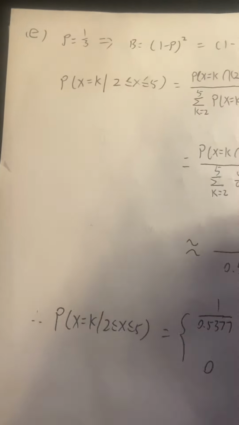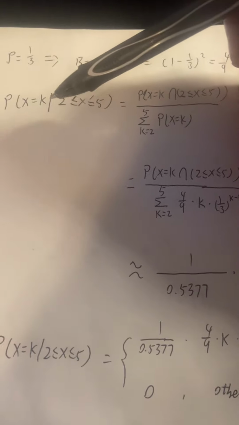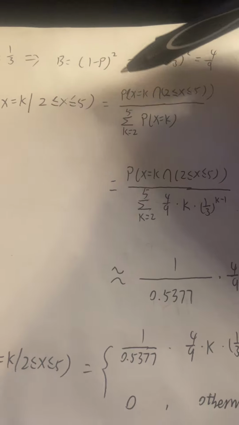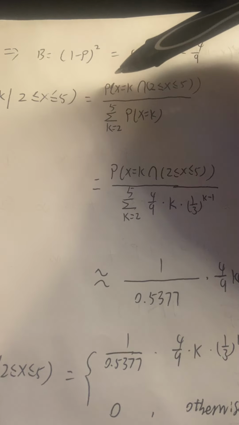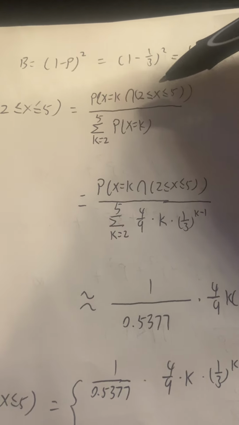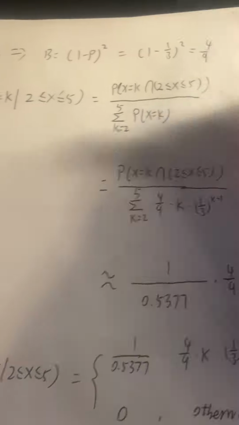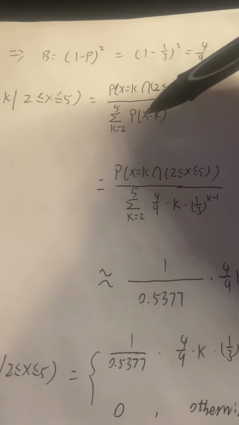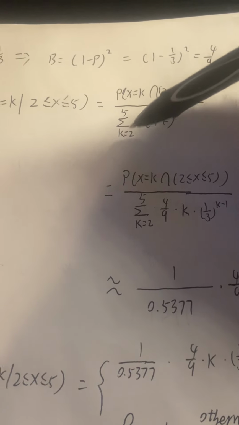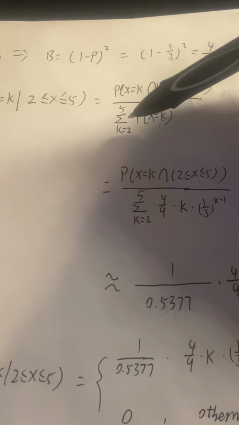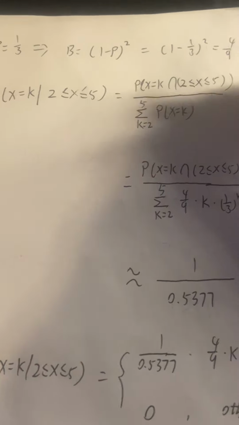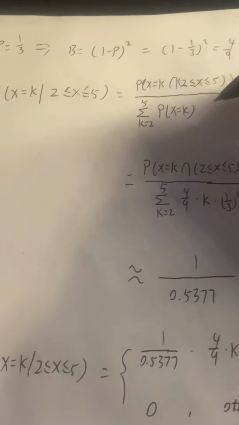And then we can rewrite the conditional probability as P of X equals k and X is between 2 and 5, over the sum from k equals 2 to 5 of P of X equals k.